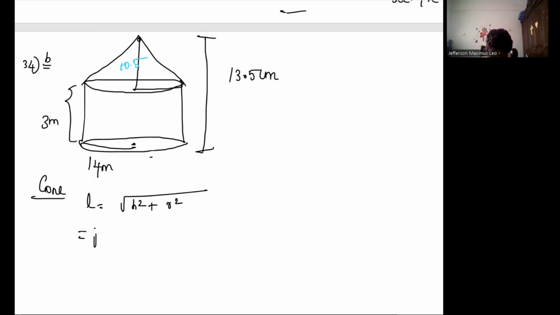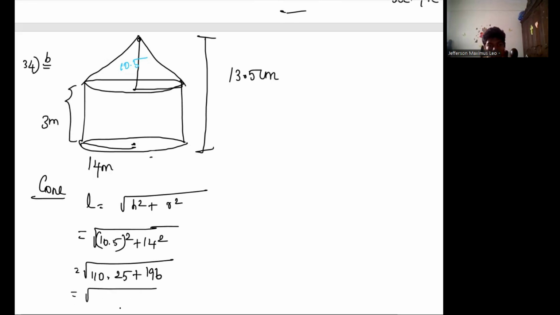You solve the calculation. 10.5 the whole square plus 14 the whole square. So 110.25 plus 196. Add up both. 306.25.